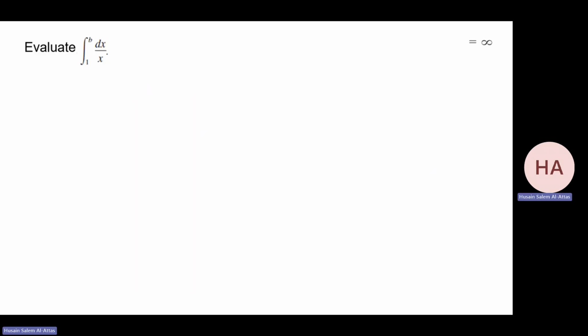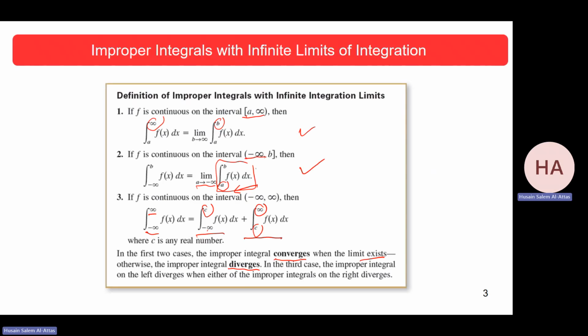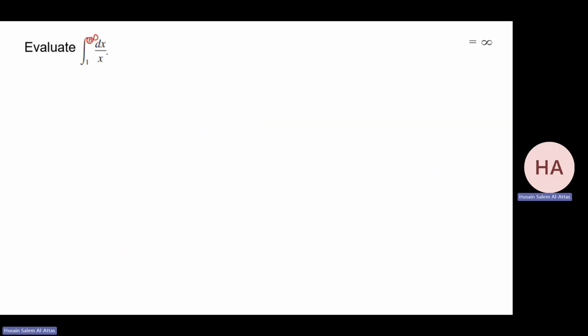Example, I want to find the integral from 1 to infinity of this. Let us see what will happen. As we said, I will change it into a limit. So we say limit, usually I use t, as t goes to infinity, integral from 1 to t of dx over x.